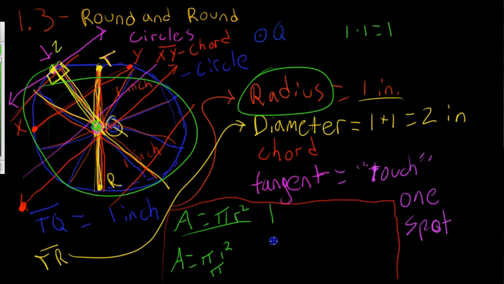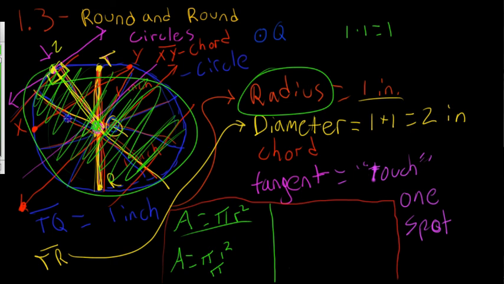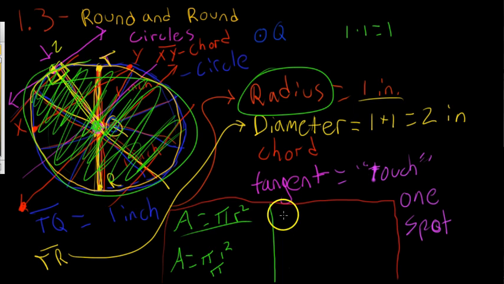Now there's also something called a perimeter. Area, again, just to reiterate, is everything inside the circle that I've just highlighted in green, okay? Perimeter is if I were to walk around the outside of the circle and took a step on every point on the outside of the circle, what would that distance be? That's called the perimeter, and we call that big P. That formula is 2 pi r.